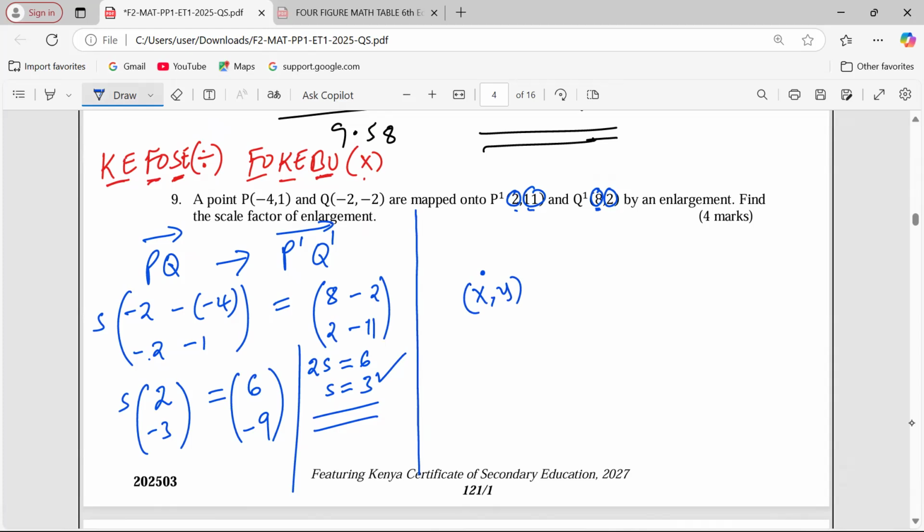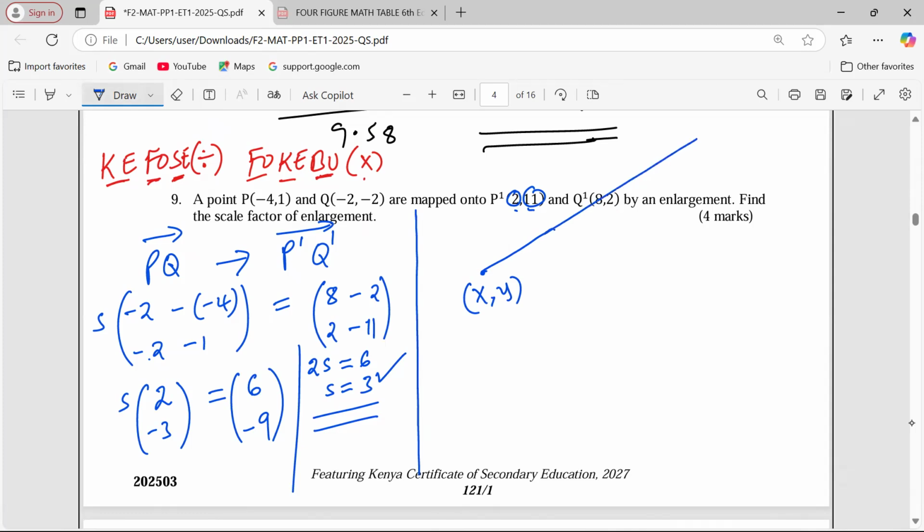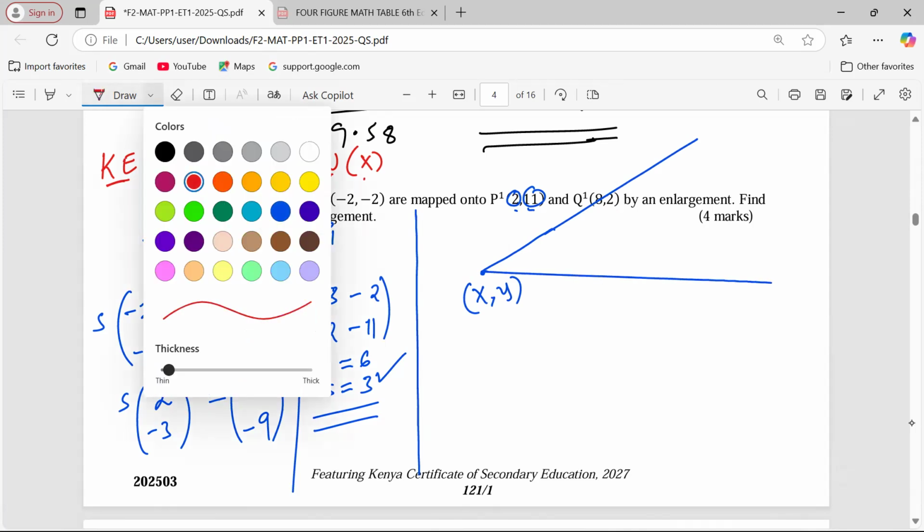And we have already known that the scale factor is positive. Therefore, we can say this. Let me use some lines. Let me sketch some line here and another one here.